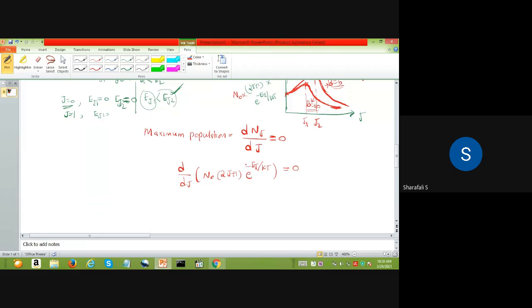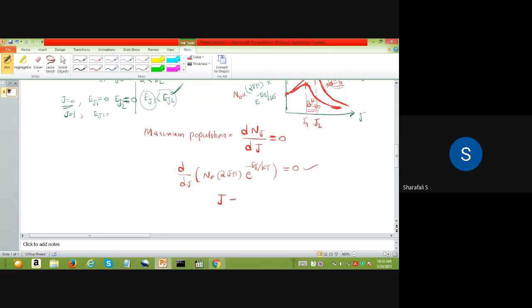Now you substitute EJ equal to h square by 8 pi square I into J into J plus 1, and all those things here. Then you will get the J value at which this condition is valid.